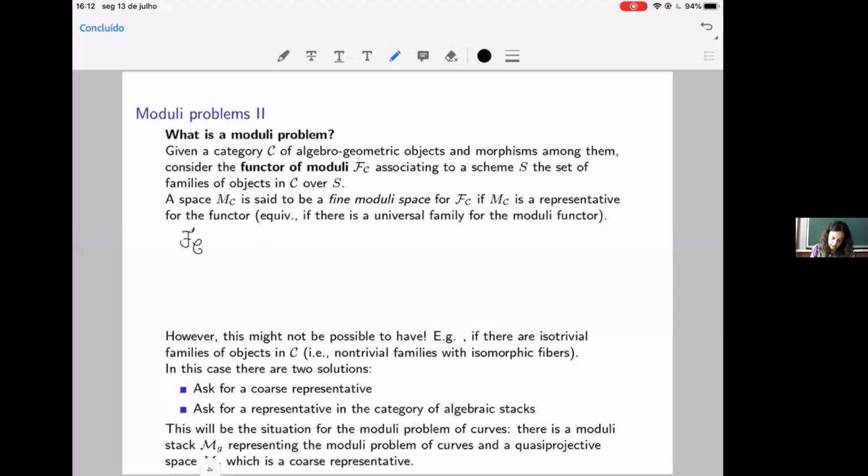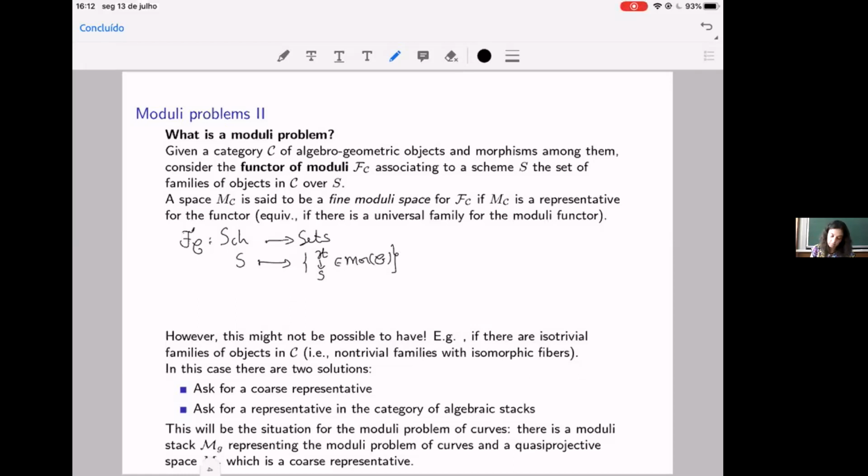We have F_C from the category of schemes to the category of sets. This is the moduli functor of families of objects in C. So over S, I will be representing families over S, which I will see as some morphism in C over S.